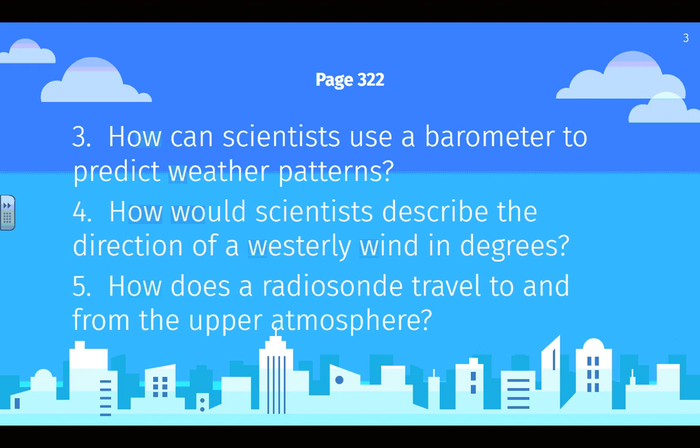Question 5. How does a radio sonde travel to and from the upper atmosphere?